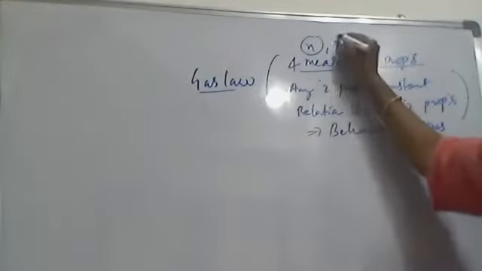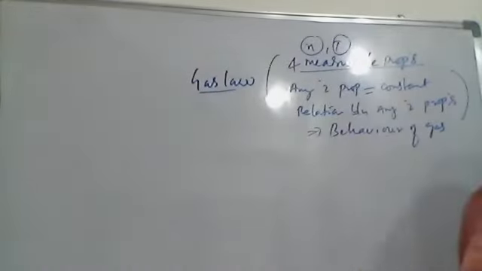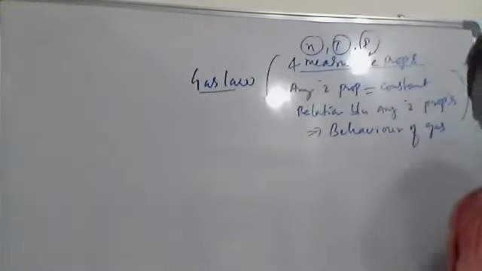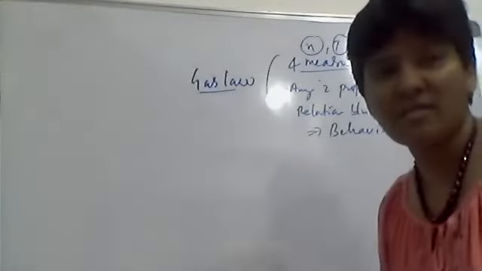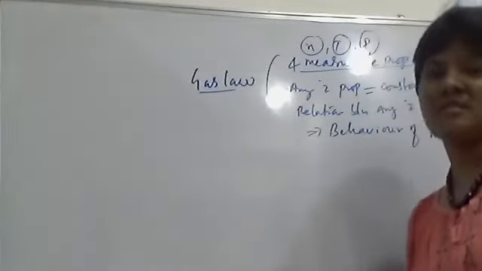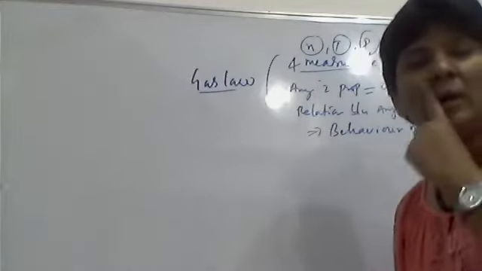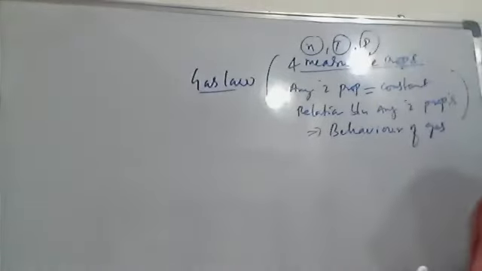Then temperature, in Celsius or Kelvin. Next, pressure: atmosphere, bar, torr, centimeters, millimeters of mercury, pascals, kilopascals, Newton per meter square, or dynes per centimeter square.